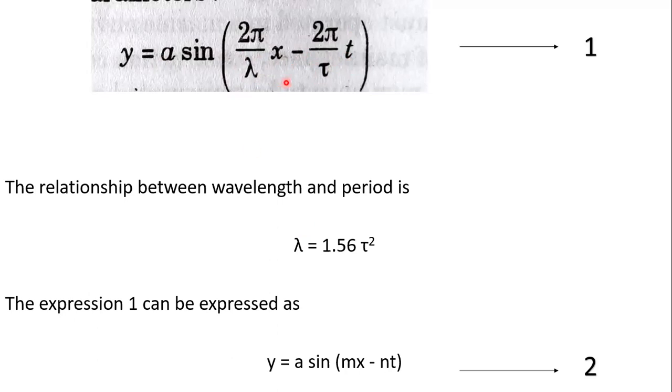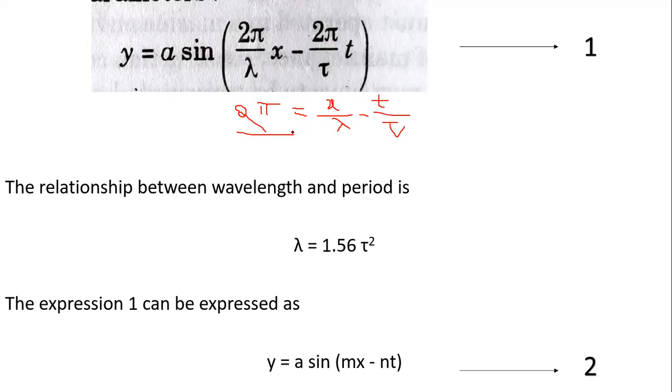Now the phase angle 2π can be written as x/λ − t/τ. So this quantity is represented as the phase angle, and it is dimensionless.